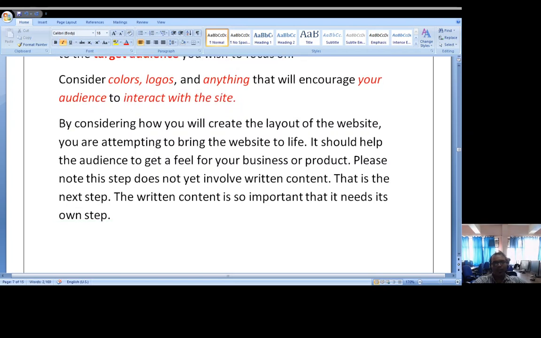Now, by considering how you will create the layout of the website, you are attempting to bring the website to life.